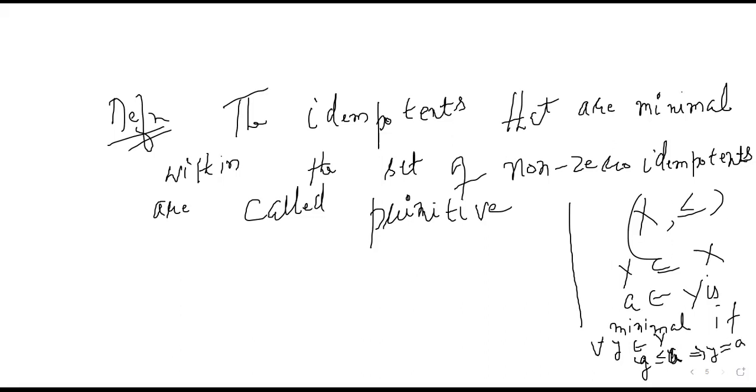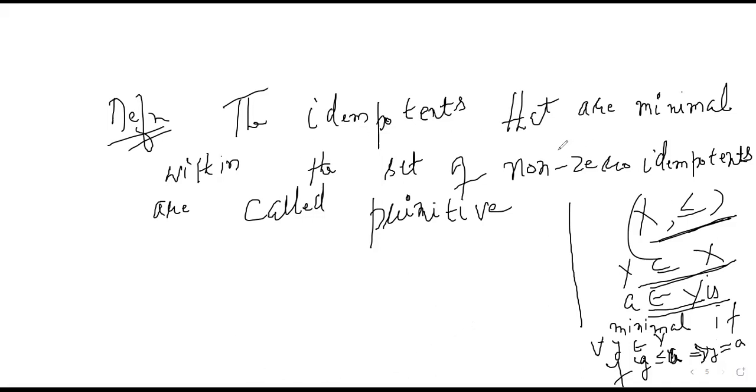So this is the definition of a minimal element of a subset of a partially ordered set. Means no other element is related to a except a itself.